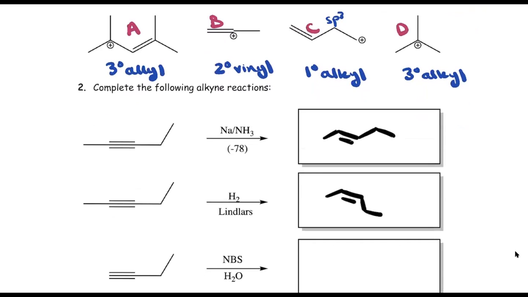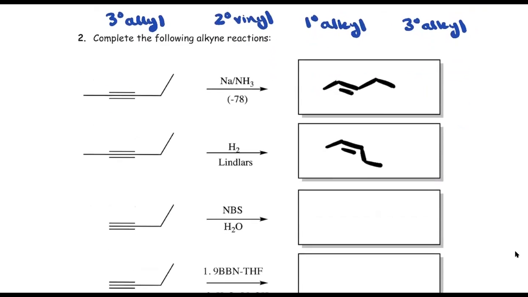Cool. Now for the next one, NBS and water. Remember that this will first undergo the little bromonium ion intermediate. Okay, and then remember that your water will eventually want to come in and attack over here.